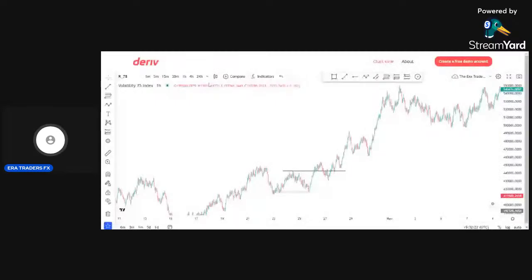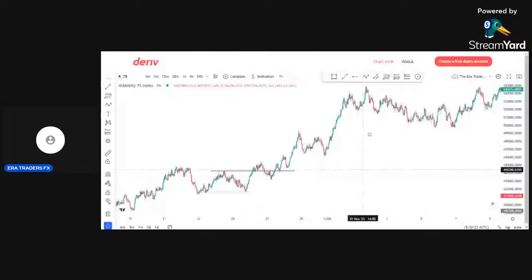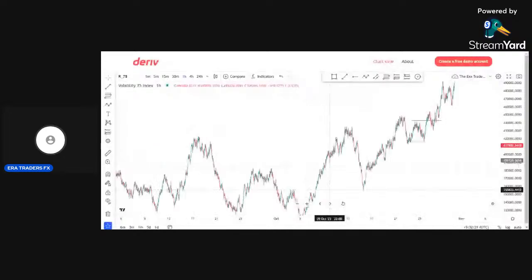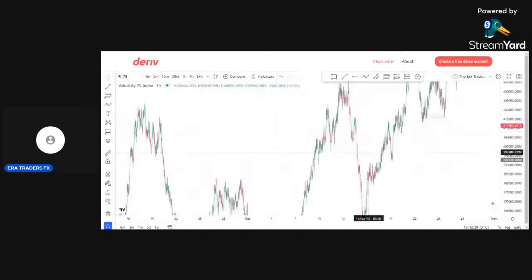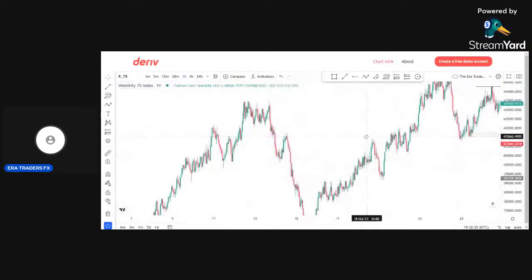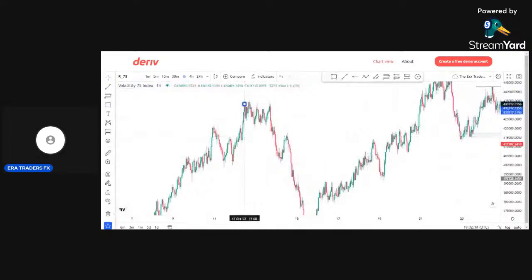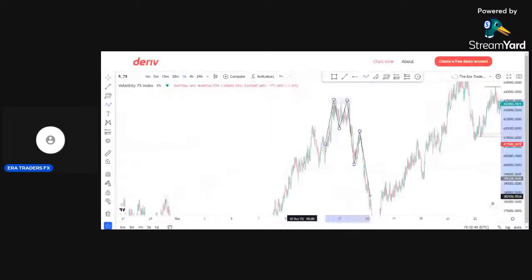So let's look for double top. All right. So you can see how price right there. This is even a triple top. Price came into that place, came down, came there again, and boom, came into the neckline and boom, came down.